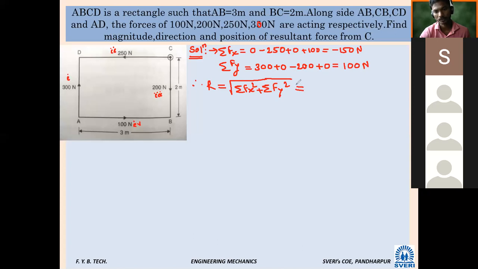Very good. Shubham, roll number 16, what is the value of the resultant? Calculate carefully and tell me what the value is.